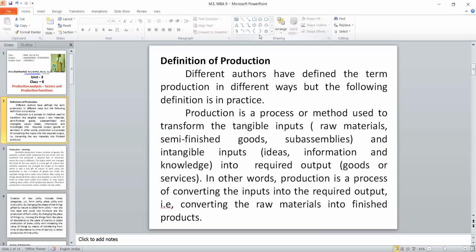Intangible means the qualitative factor. Transforming these inputs into the required output may be goods and services. In simple words, production is a process of converting the input into the required output. So we can simply say converting the raw material into finished product is called production.